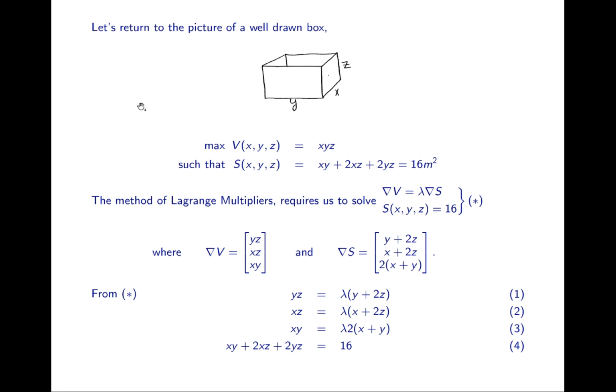Now, we can do this by hand, and in fact we're going to, but in general, we probably wouldn't want to. What would we do typically? Well, we'd use a nonlinear equation solver rather than try and solve a system of nonlinear equations by hand.